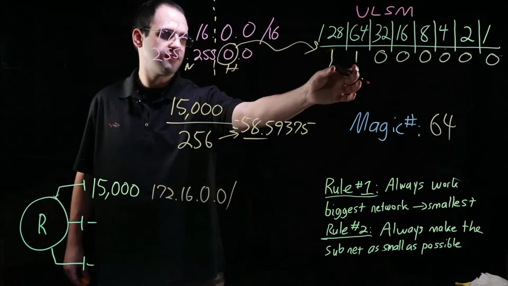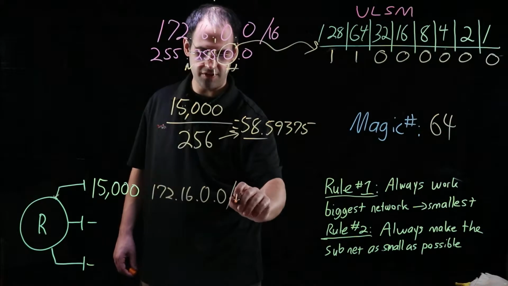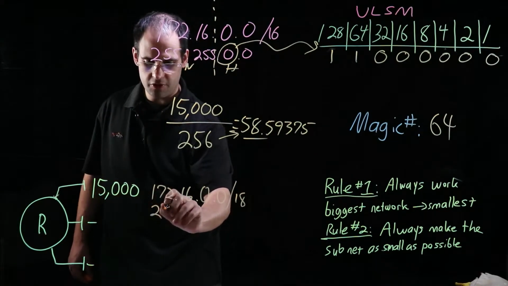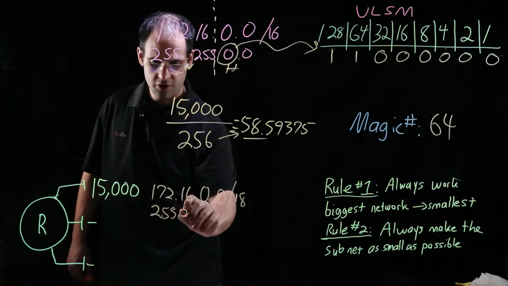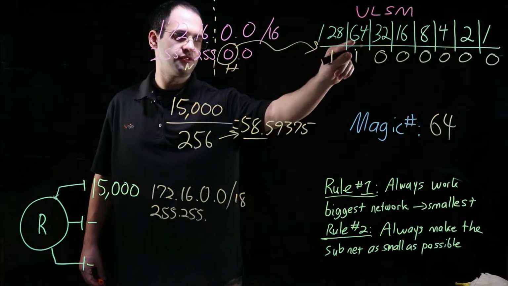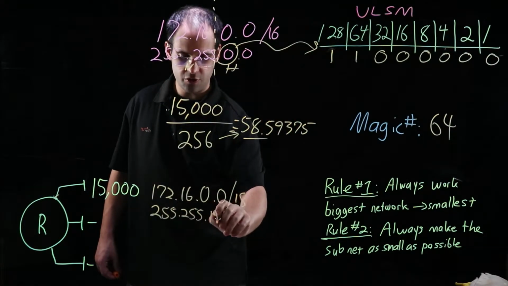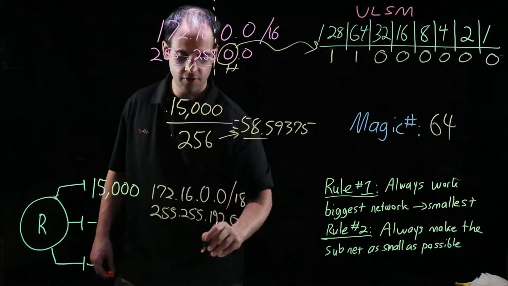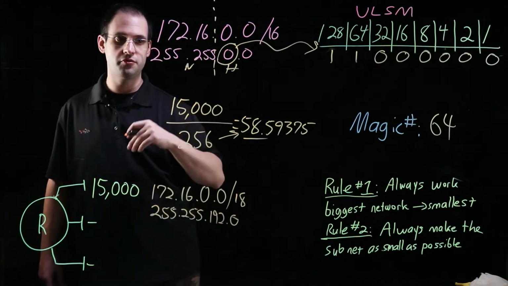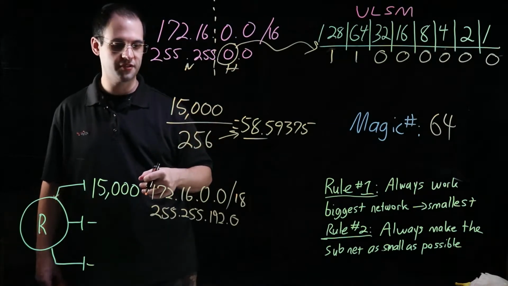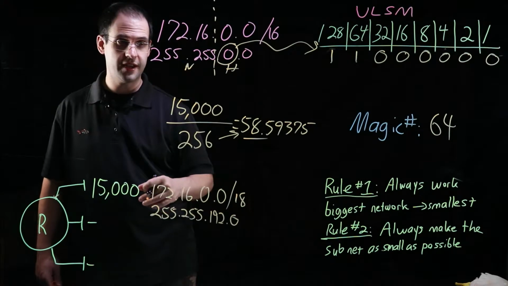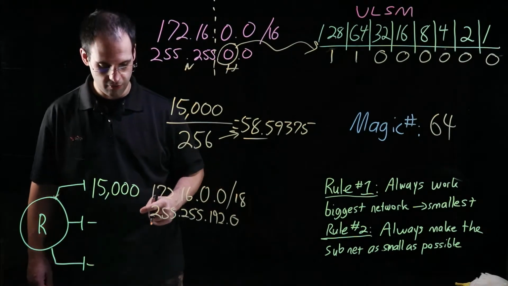We borrowed 2 bits here, so this is a /18. It's going to be 255.255. Well, this is 128 plus 64 is 192.0. All right, and given this information, I can now go through the network, first, last, and broadcast to determine what my network, first, last, and broadcast addresses are in this given network.